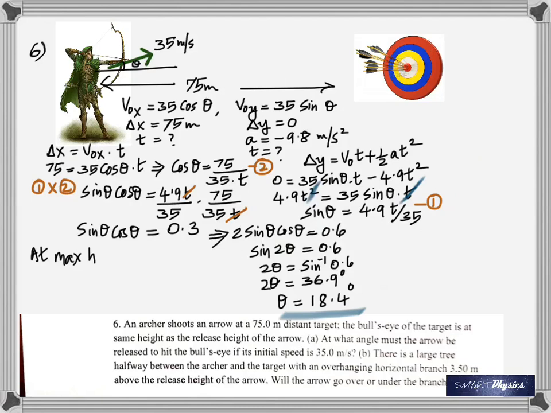Now what we got to do is find the maximum height, because at halfway we know it's going to be at the maximum height. Okay, so at the maximum height, like in the last problem, we know the final velocity is 0. We can use this equation and find the time by rearranging.